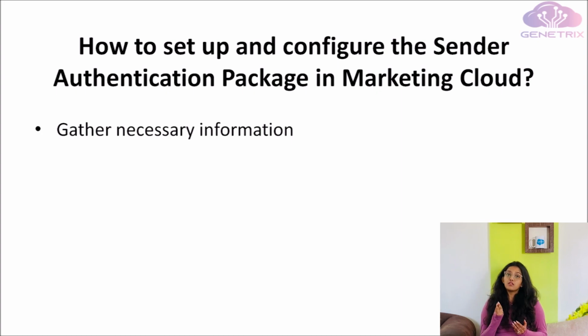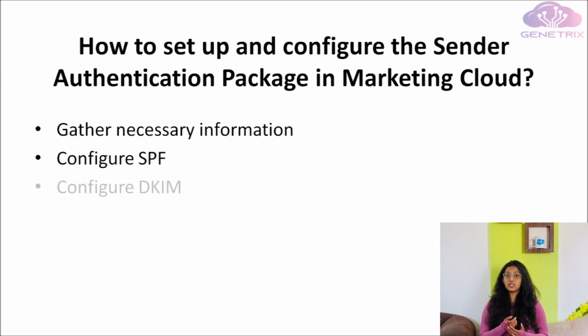Next, we configure your SPF. Now log into your domain's DNS management system, and add a Sender Policy Framework, that is the SPF record. This record specifies the IP addresses or ranges authorized to send emails on behalf of your domain. Include the SPF record provided by Marketing Cloud in your DNS configuration as well.